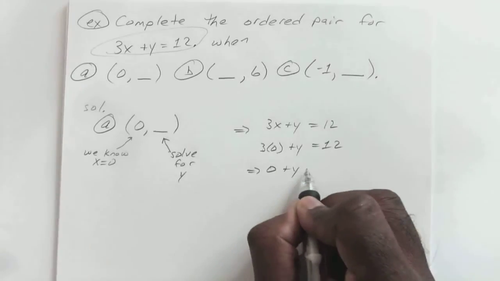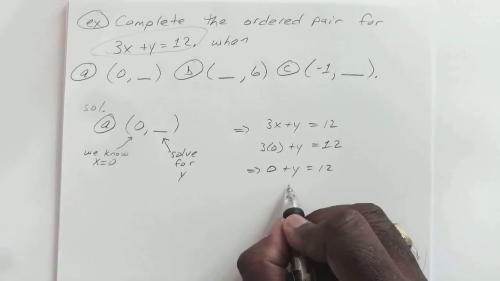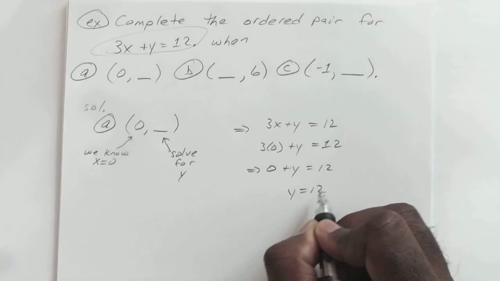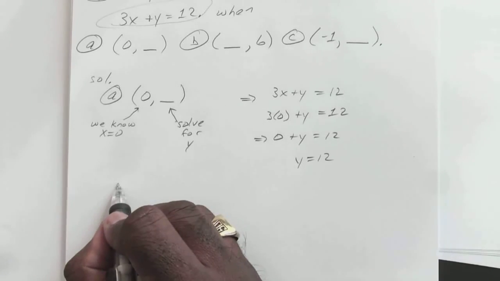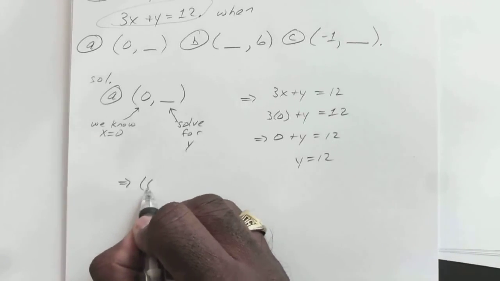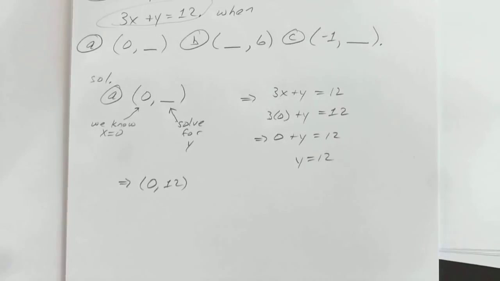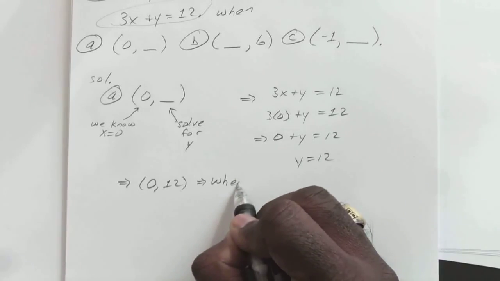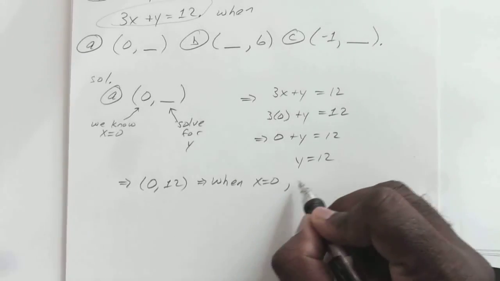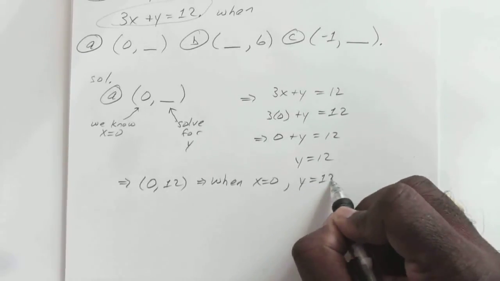So 0 plus y is equal to 12, or just y is equal to 12. Okay, so we know that whenever x is equal to 0, our y is going to equal 12. So we have 0, 12. It just says when x is equal to 0, y is equal to 12.